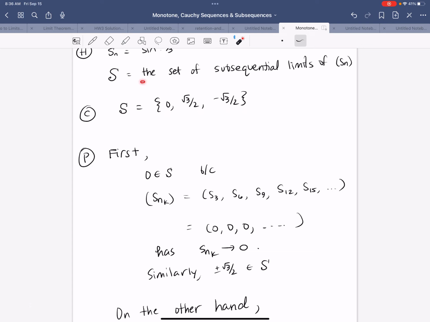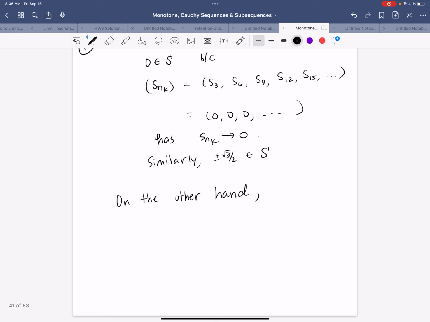And the way I would show that every subsequential limit belongs to this set is I would perhaps do a proof by contradiction. Say X belongs to R, but it's not 0 and it's not plus or minus root 3 over 2. We want to show there does not exist Snk converging to X.